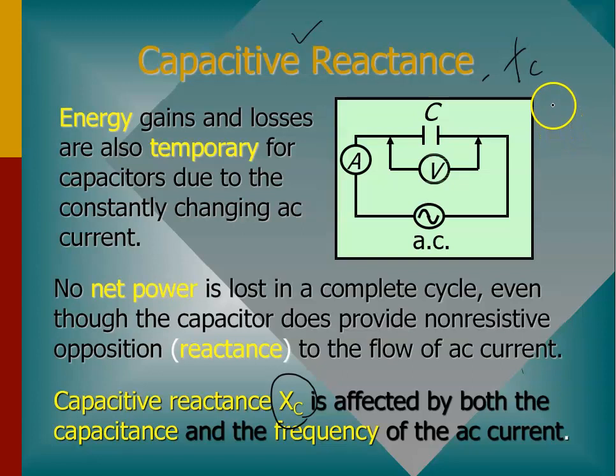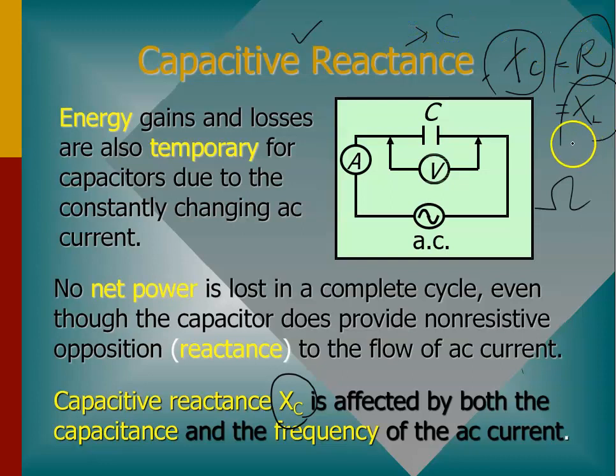Right? So for those of you who already finished this experiment, you will know what this XC is right now. XC is a capacitive reactance. It is a synonym of resistance, and also a synonym of inductive reactance. And all these three have the same SI unit, which is the ohm. The difference is that capacitive reactance is just for capacitance, inductive reactance just for the inductor, and resistance just for the resistor, right?